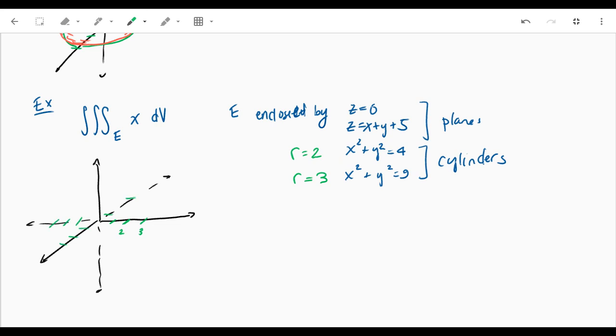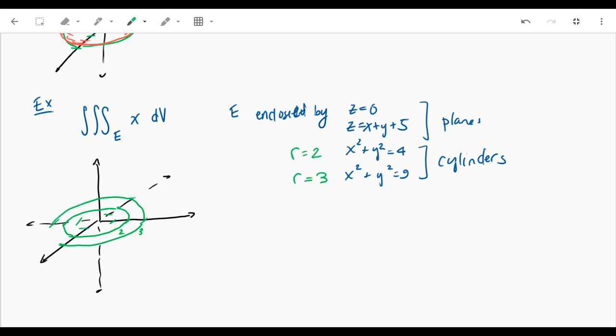So we'd have this, r equals 2. Imagine that being a cross-section of a cylinder that goes straight up and down from there. And then r equals 3. So we're in this ring. Your book will call it an annular region.